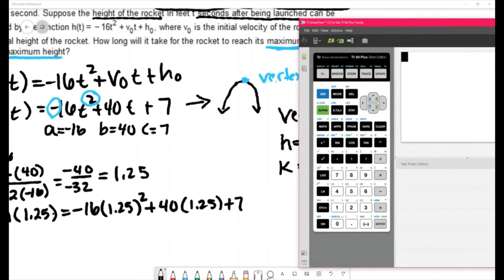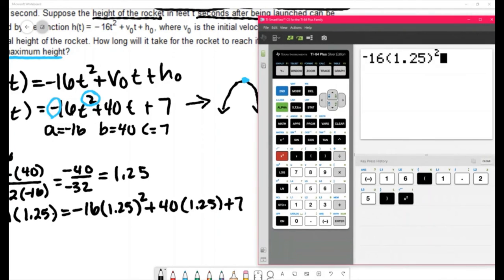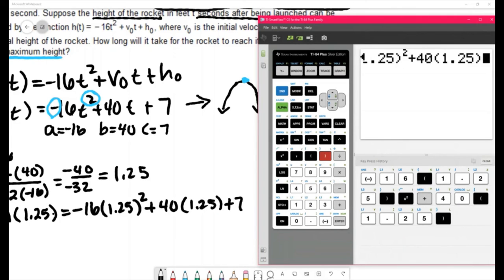We have negative 16 times 1.25 squared plus 40 times 1.25 plus 7, and we have 32.